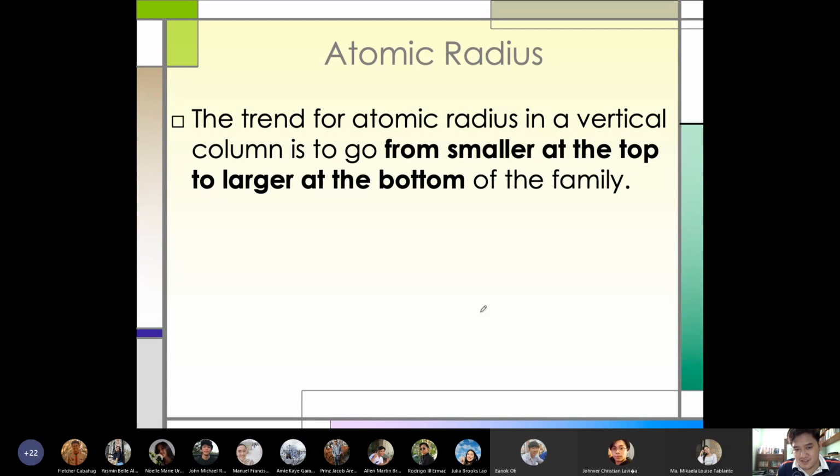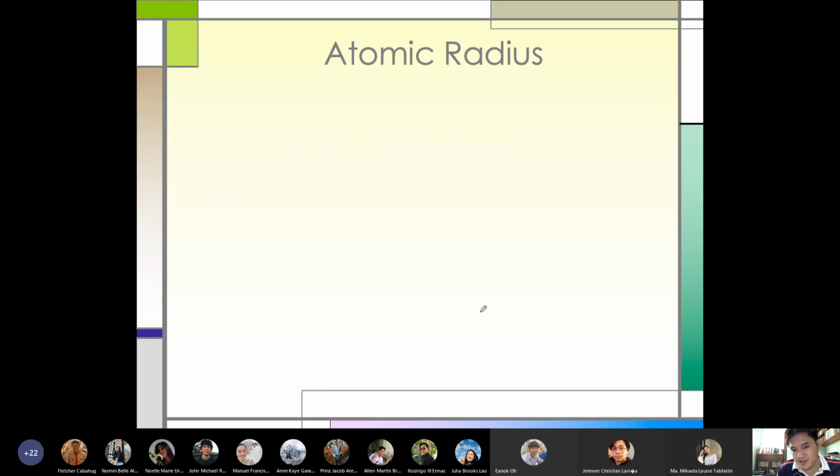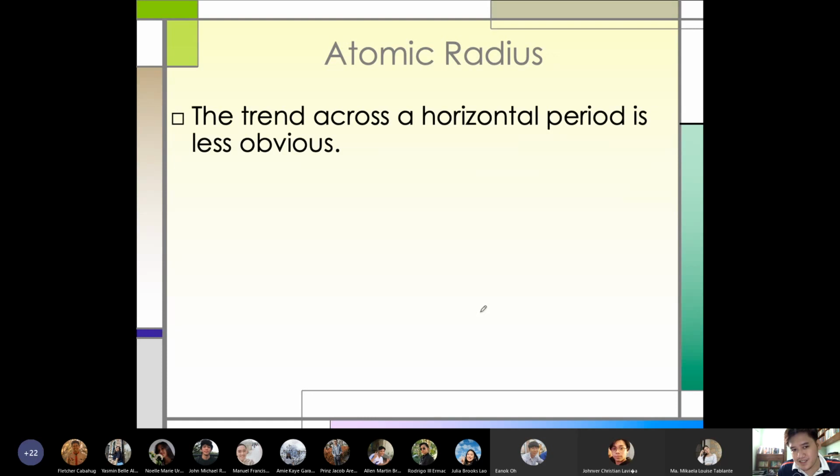It's also important to note that as we go from top to bottom, there are additional energy levels, so there are additional electrons which can shield the valence electron.